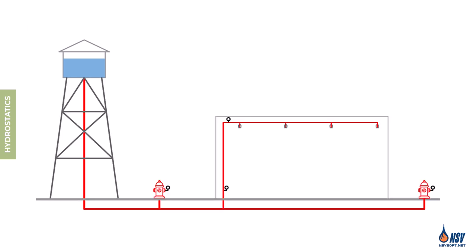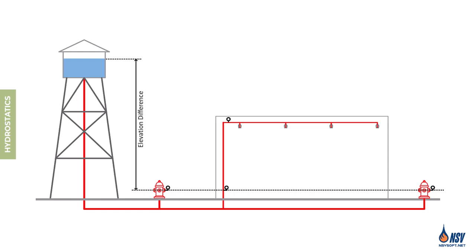For example, if the pressure gauges installed at the fire hydrant outlets and on the riser are positioned at the same elevation, they will all show the same static pressure. This is because static pressure depends only on the elevation difference between the water source and the gauge, not on the length or layout of the piping.